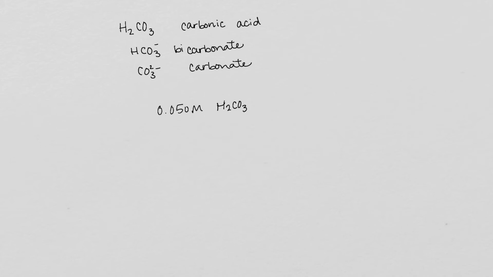Now, since I've told you it's carbonic acid, you're going to use these two in your equilibrium expression. And so you won't have to think about this one because we're just looking at some carbonic acid solution. So when you set up your ice table, you'll have your carbonic acid, your hydronium or hydrogen ion, and then your bicarbonate ion.